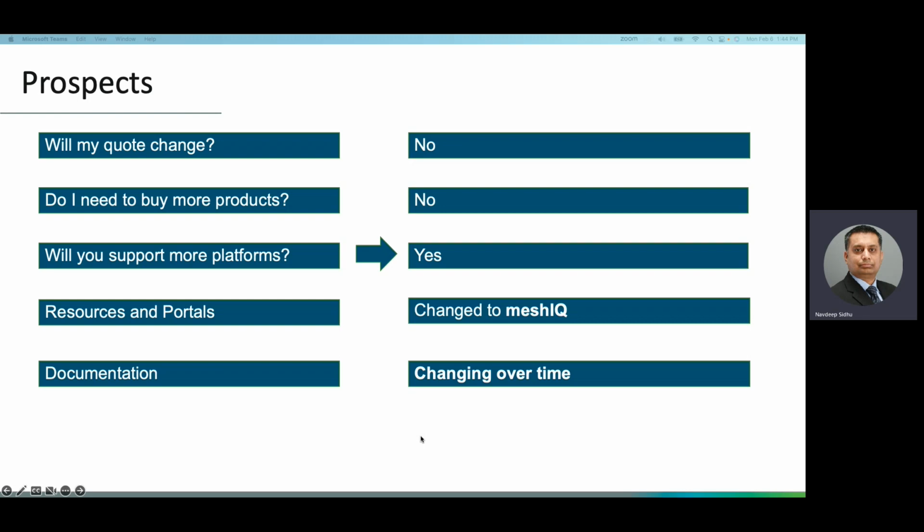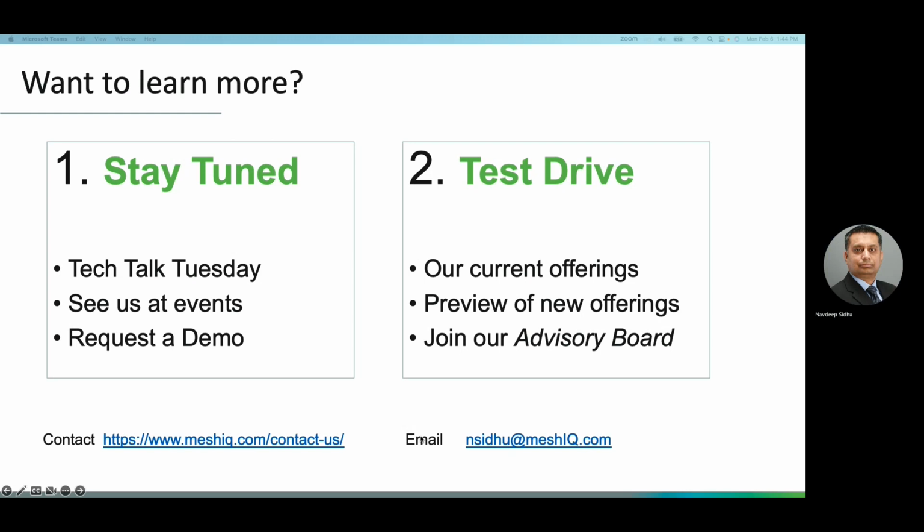So in essence, our support for these platforms is going to broaden. It's going to be 2x of what we support today. That means you will be able to have more platforms supported down the road. Resources, portals, documentation, some of that has changed. Some of that will be changing over time. Rest assured, by end of this month, you will see everything changed.